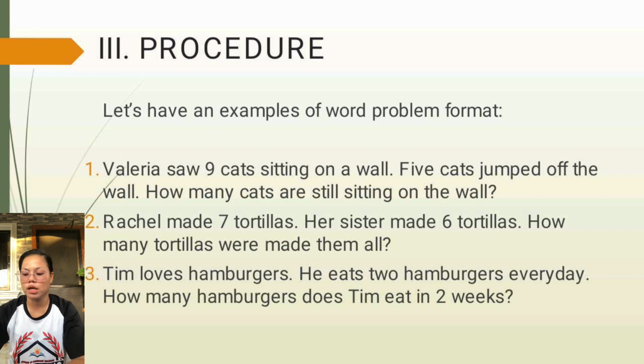So, 14 days. So, para makuha na to kung pila ka buok ang gikaon ni Tim nga hamburger, ato ni siya i-multiply. So, 14 times 2, we have 28. So, ang nakaon ni Tim nga hamburgers in just 2 weeks is 28 kabuok.